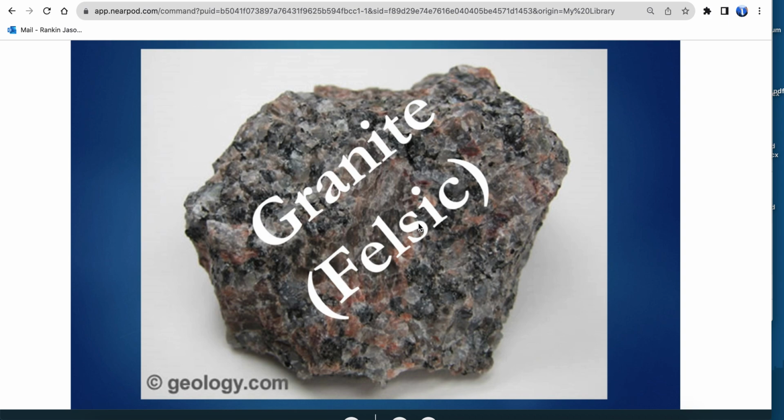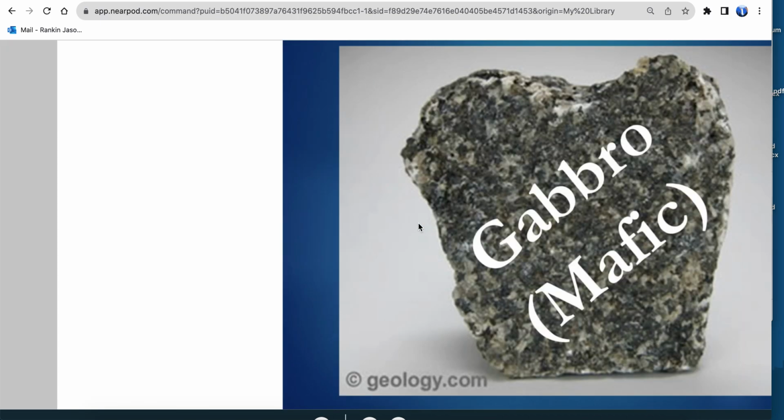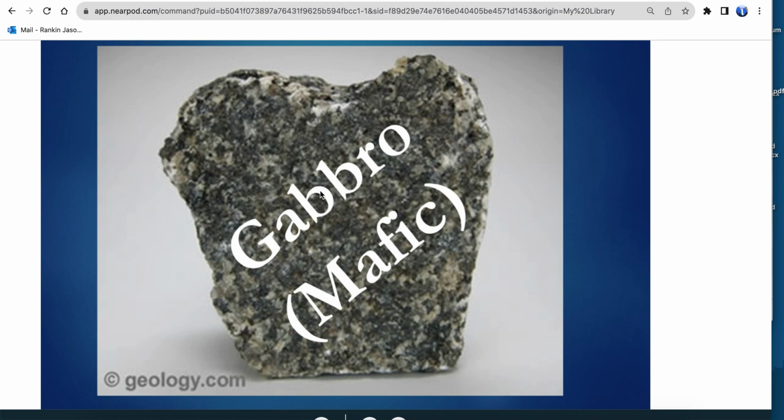And the opposite of granite would be a dark colored rock with coarse crystals, just like this. Now this would be an example of a gabbro. Gabbro, same size minerals as a granite, 1 millimeter to 10 millimeters. But this one here has a lot of darker minerals. We call this mafic in composition.